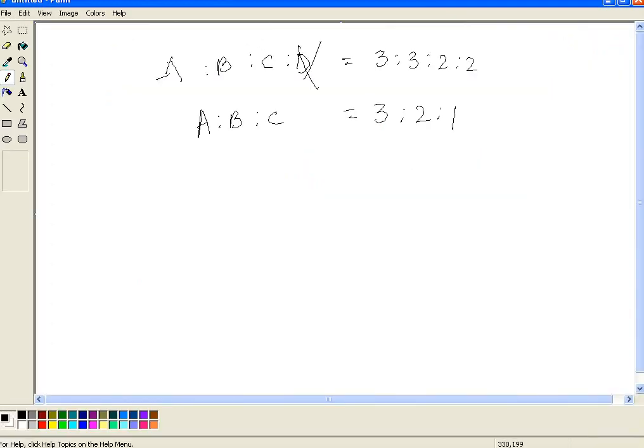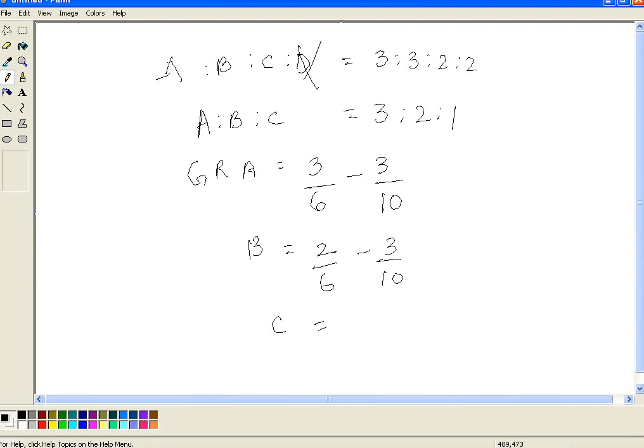Right. So the gaining ratio of A is equal to new ratio, which is 3/6 minus 3/10. Gaining ratio of B is equal to 2/6 minus 3/10. Gaining ratio of C is equal to 1/6 minus 2/10. So let's take an LCM of 30.